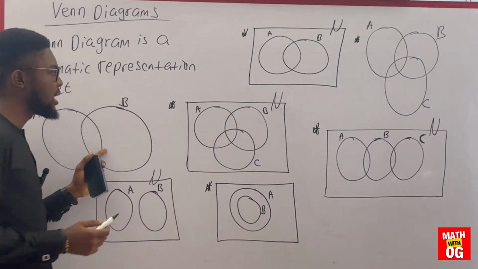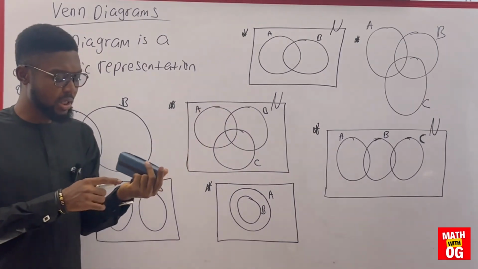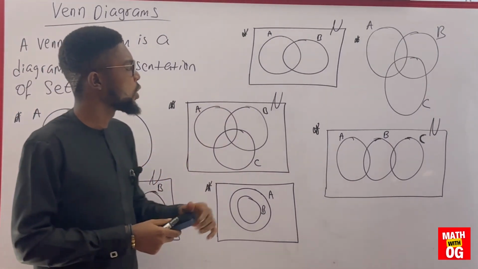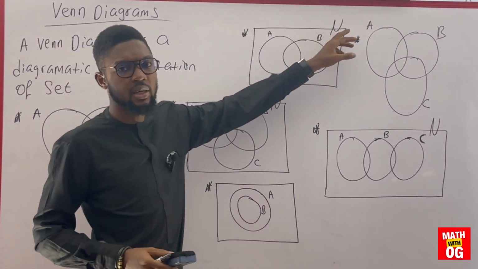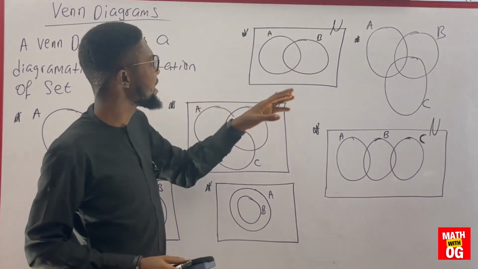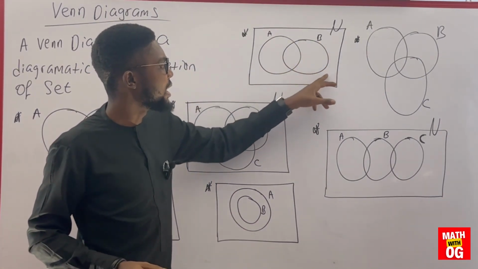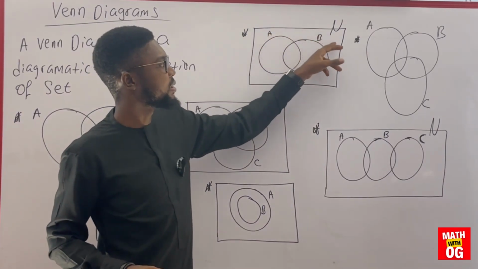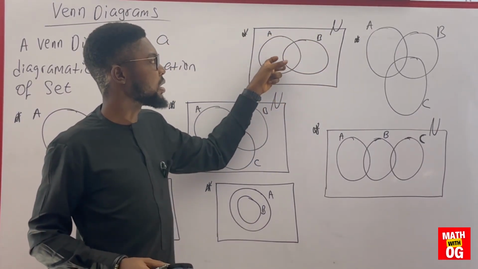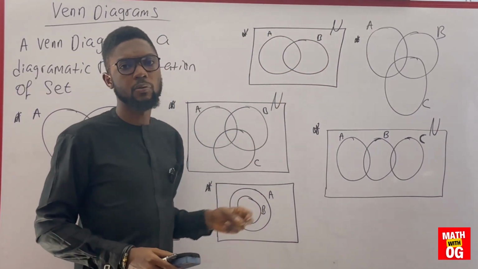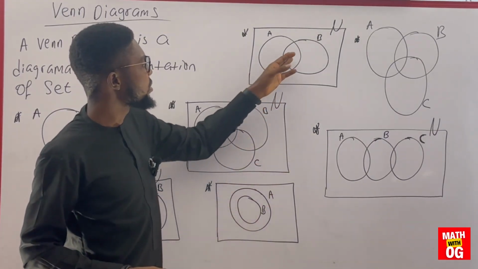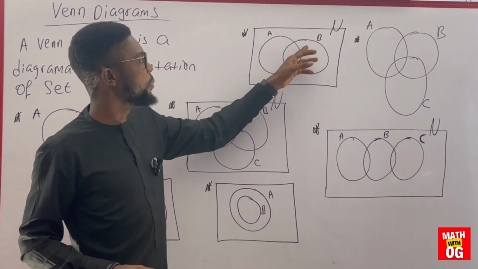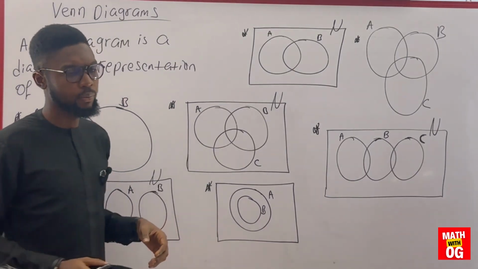So this one here is similar to what we have here, just that in this case, we have a universal set. Because of the presence of the universal set, you can have some elements that are neither in A nor in B, but they are in the universal set. You can find them around here, roaming about, not in A, not in B, but in the universal set. Now you can also have those common to A and B, those for B only, and those for A only.